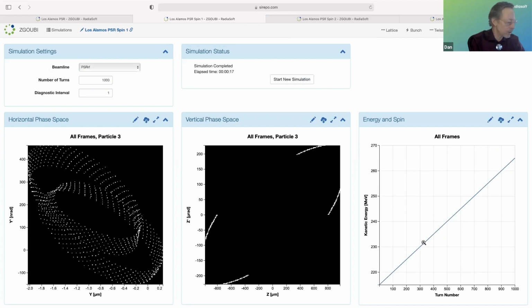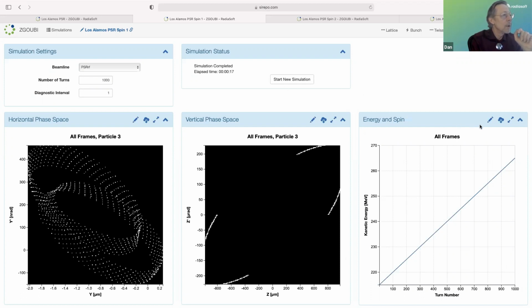This is a simulation where I used, this is 1,000 turns. So I must have used, for this simulation, a cavity voltage of 50 kilovolts per turn and only 1,000 turns.